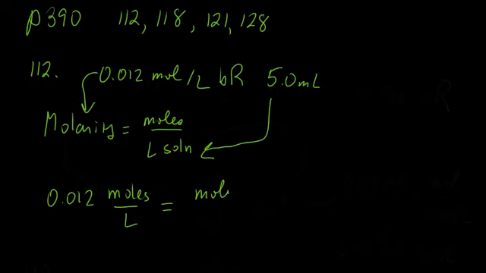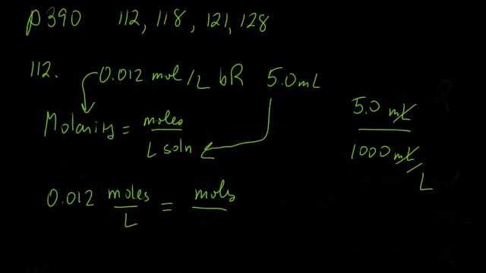We're looking for moles, and we have a 5 mil sample that we want to look for. We need this in liters though. We do that. 0.005 liters. It helps if you could see my decimal point.